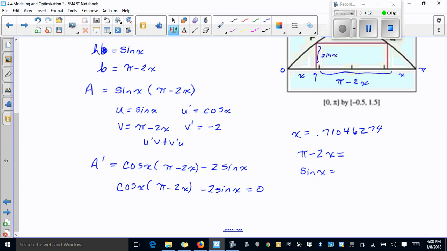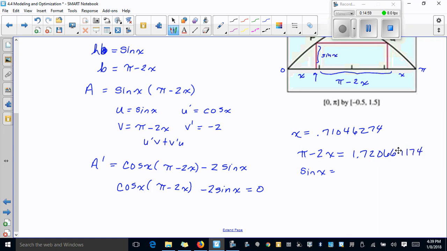So I go back to my main screen and I do pi minus 2 times, parentheses, 0.71046274, which gives me a value of 1.720667174.